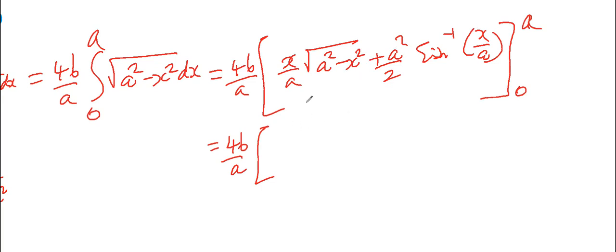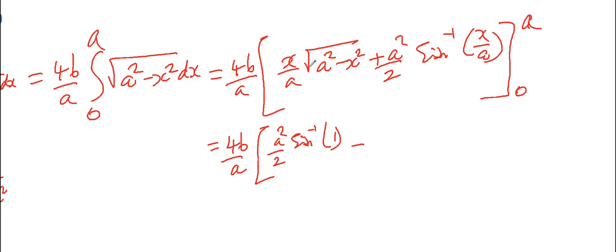So you will get a upon a, which is 1, and this is square root of a square minus a square, which is 0. So I'm not writing that. Then here you will get a square by 2 sine inverse of a by a, which is sine inverse of 1, minus the lower limit 0.